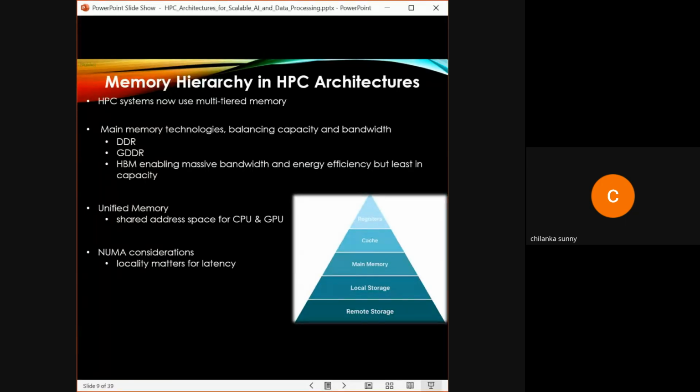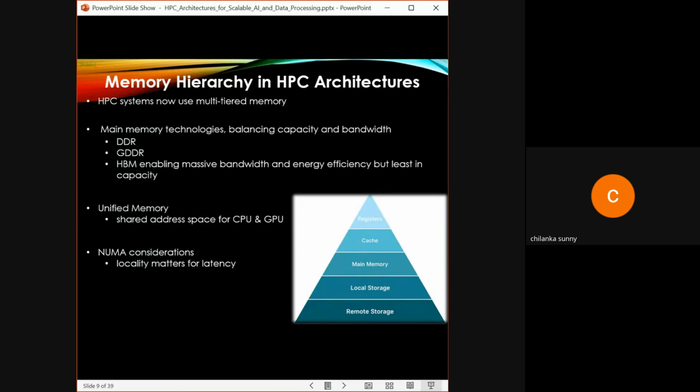For more demanding workloads like AI training, we see high bandwidth memory or HBM, which can deliver over a terabyte per second by sitting very close to the GPU die. And GDDR is commonly found in gaming and inference GPUs. They also provide high bandwidth with moderate latency. And another technology we rely on is unified memory systems, such as NVIDIA's UMA or AMD's Unified Address Space.